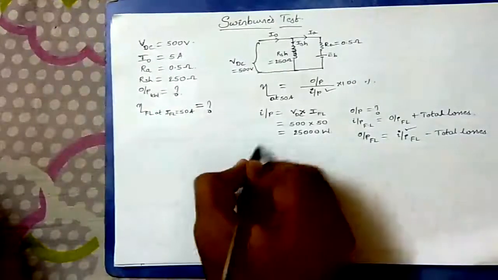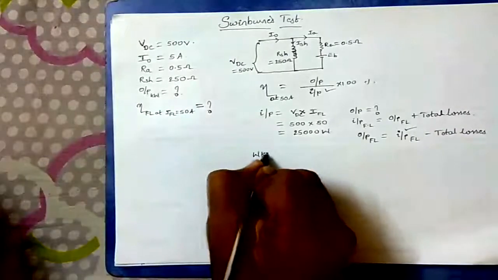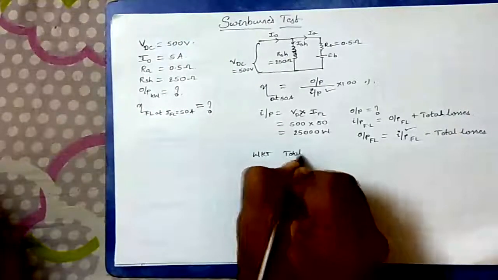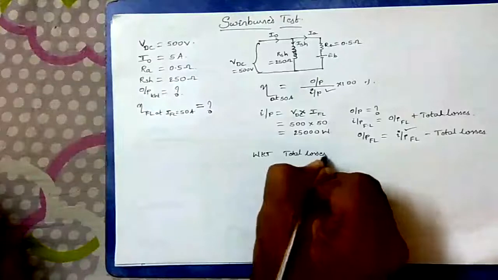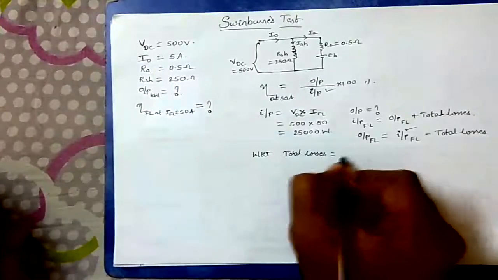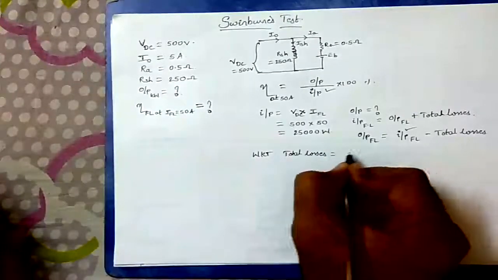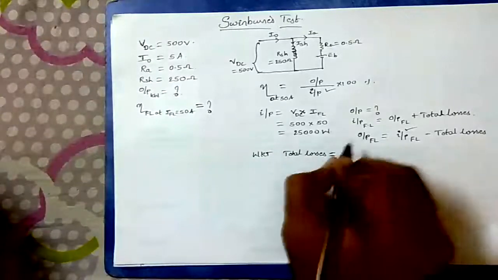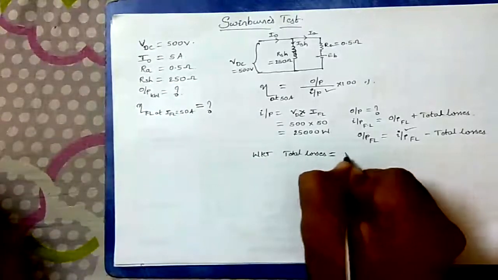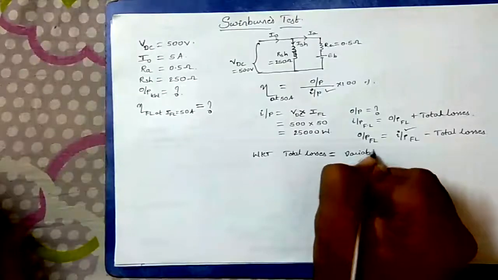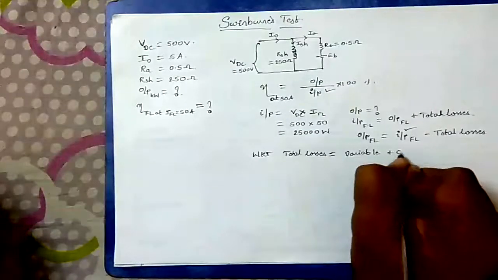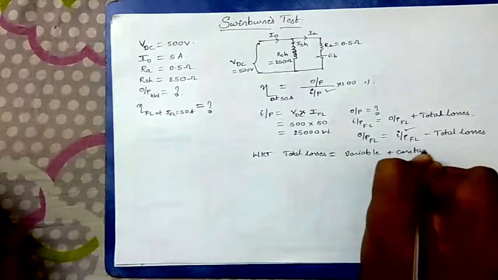We know that total losses is equal to what? We all know that we have two types of losses in a shunt machine: variable loss plus constant loss.